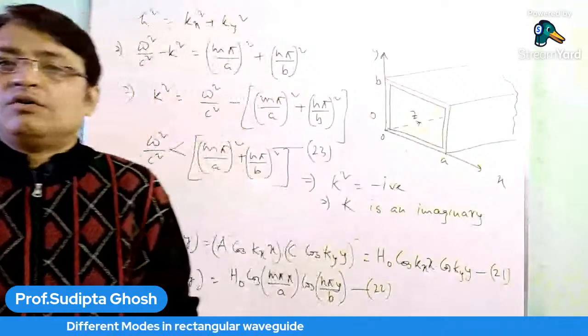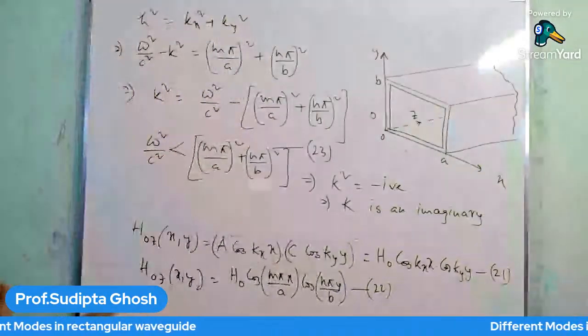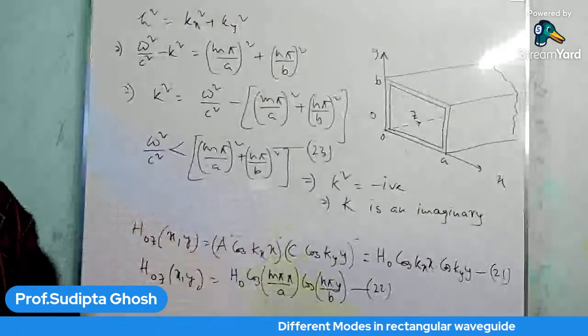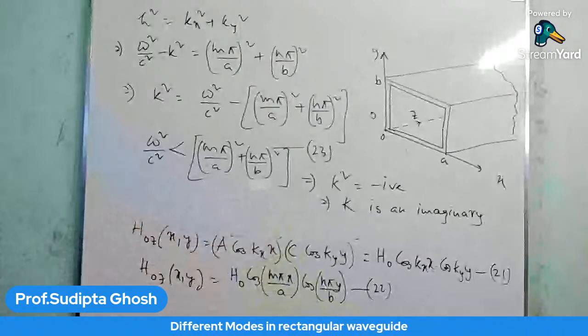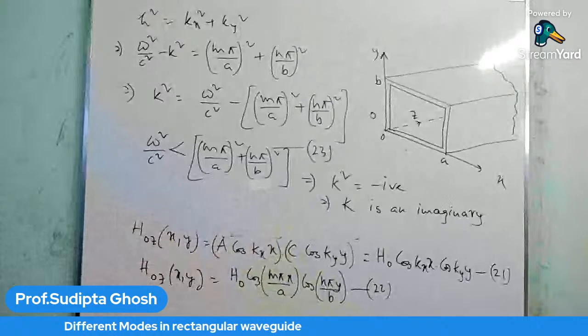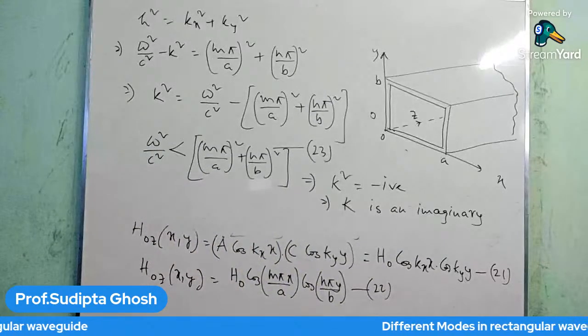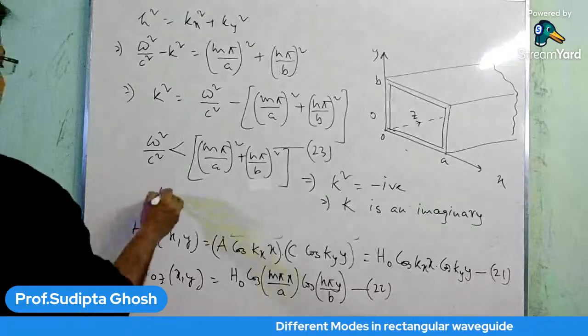So for the value of omega square by c square less than this particular value, you will not get any wave propagating through the waveguide.